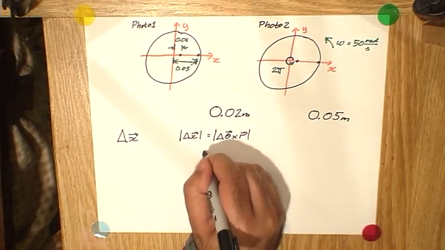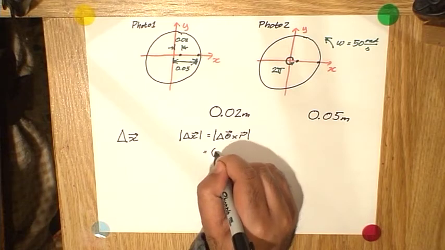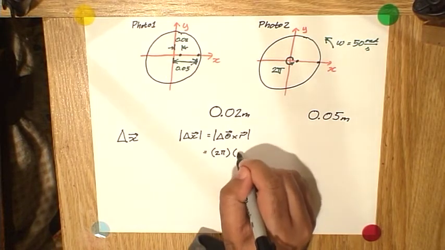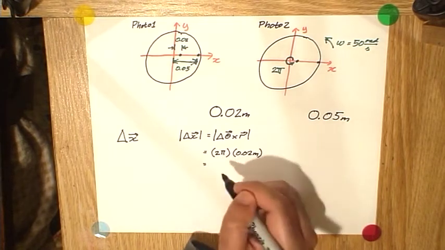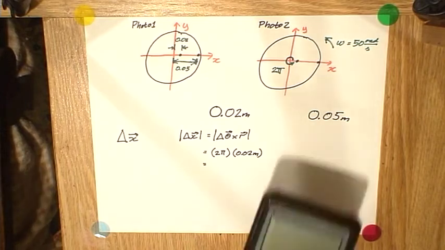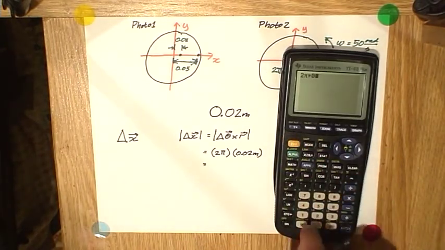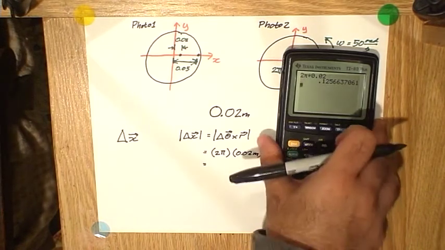So let's go ahead and do that. The delta theta is 2 pi radians, and the radius is 0.02 meters. So now, it is a simple case of 2 pi times 0.02, which is 0.126.